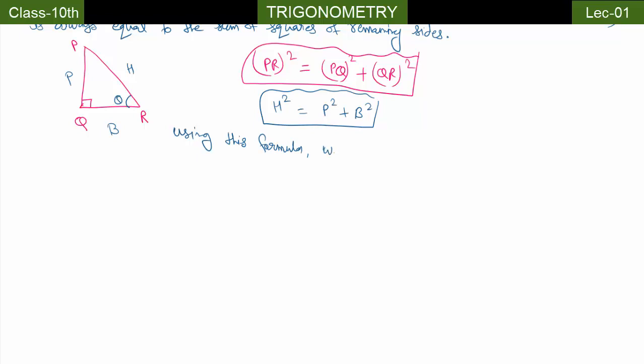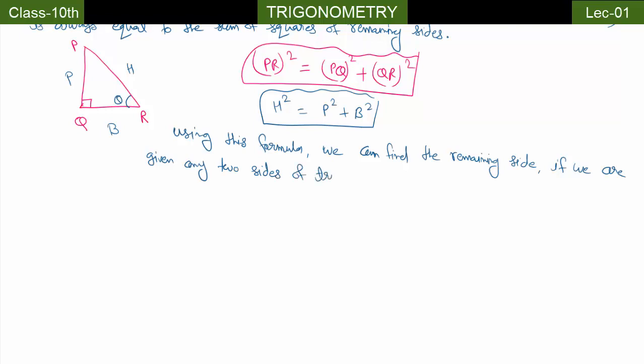Using this formula, we can find the remaining side if we are given any two sides of a right angle triangle, okay.